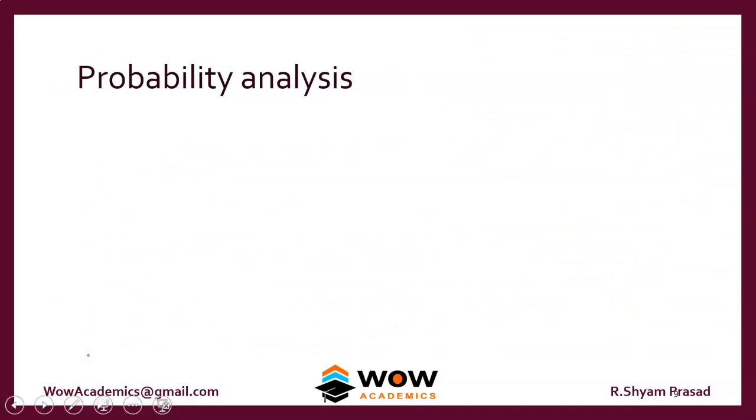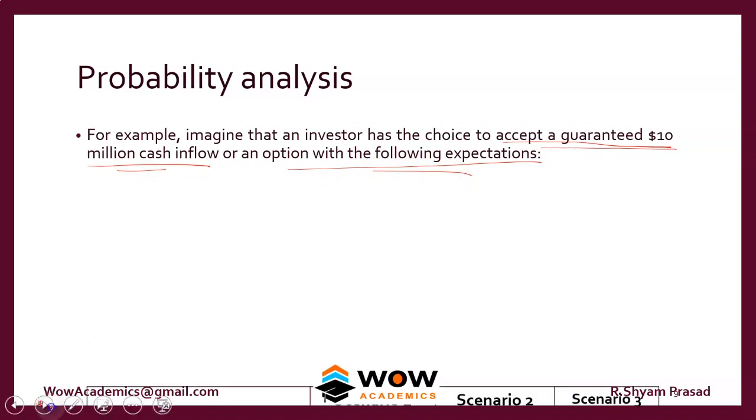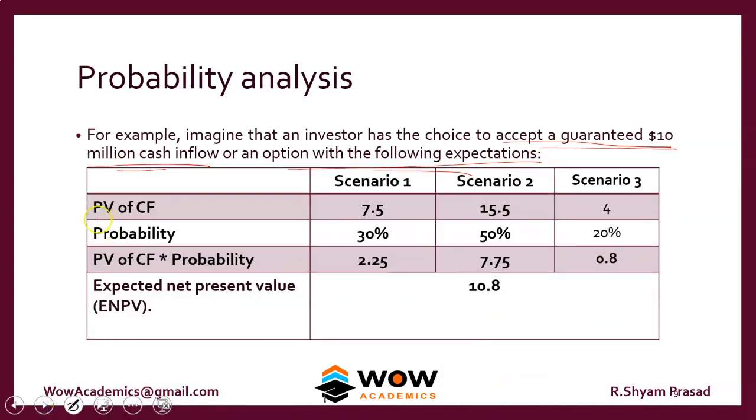So we'll move on to probability analysis. For example, imagine that an investor has a choice to accept a guaranteed 10 million cash inflow, or he has an option to invest in the following investment. I have already done the cash flow into discount factor.